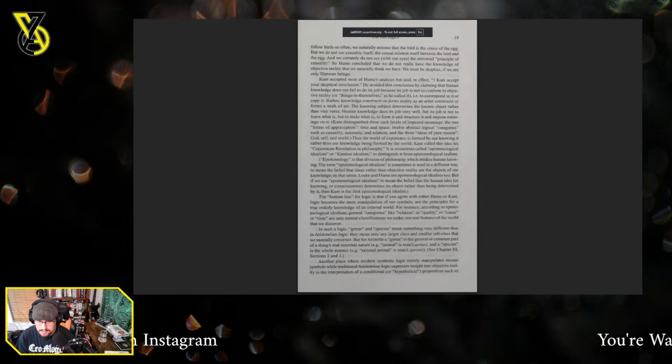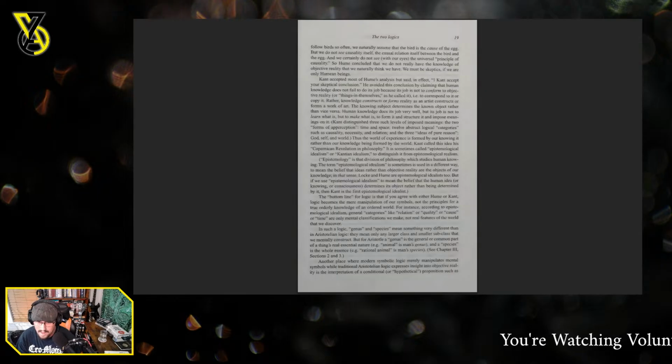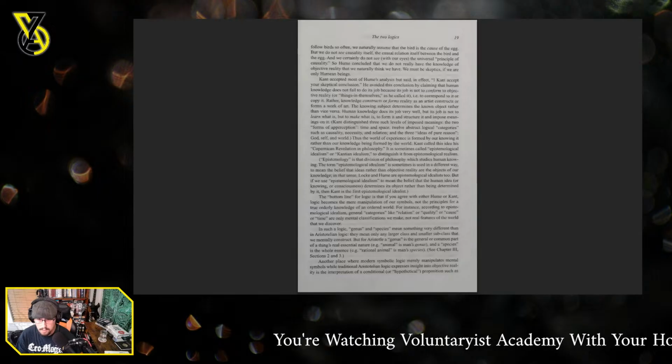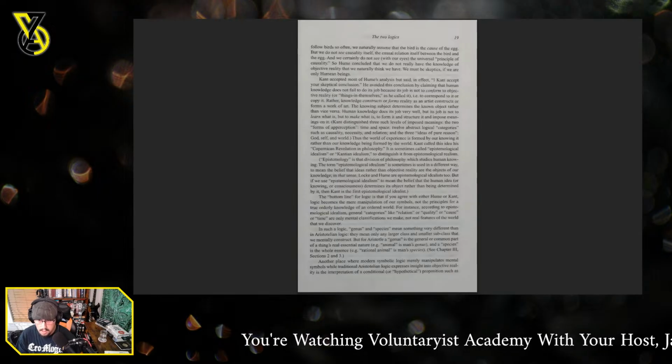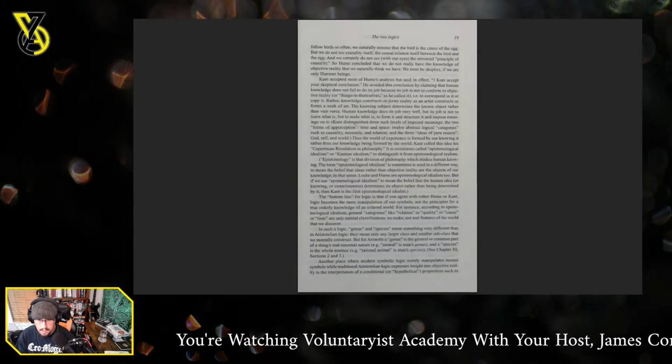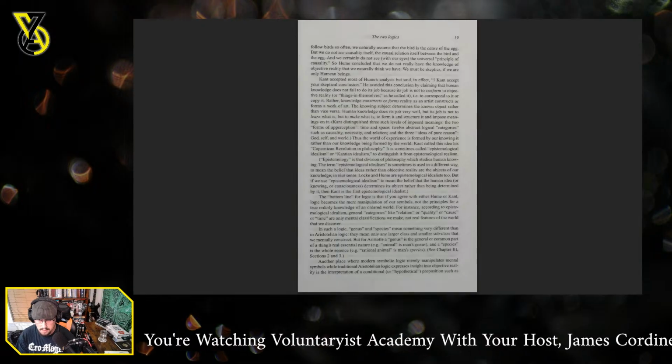In that sense, Locke and Hume are epistemological idealists too. But if we use epistemological idealism to mean the belief that the human idea, or knowing, or consciousness, determines its object rather than being determined by it, then Kant is the first epistemological idealist.